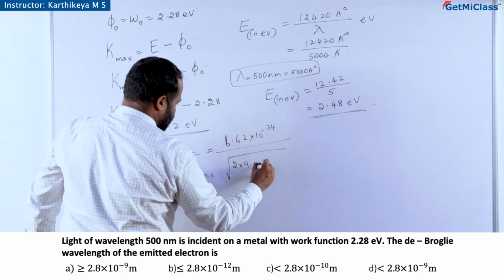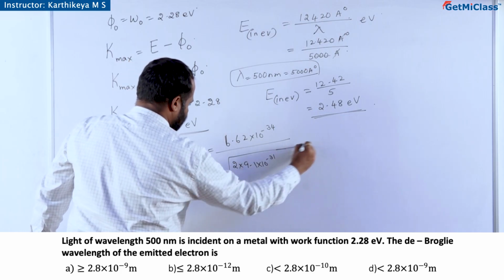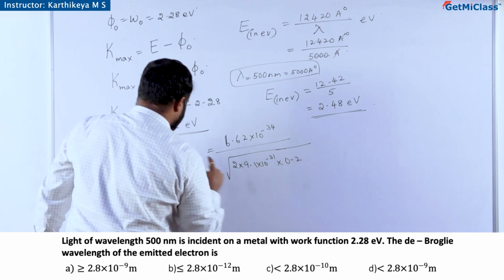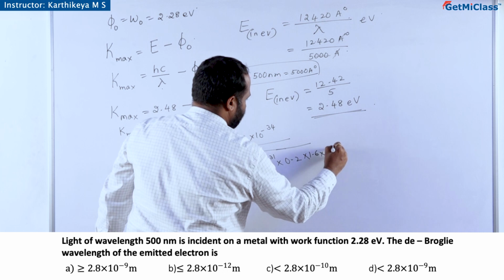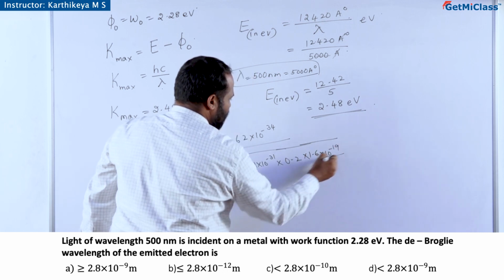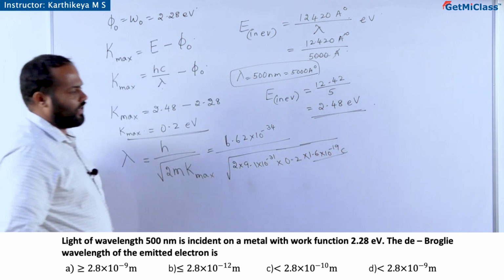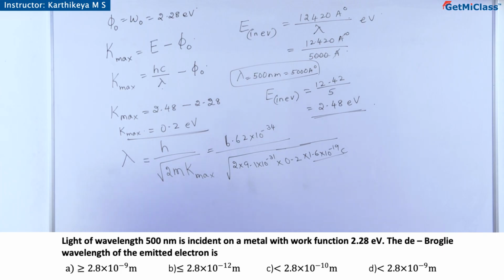So, 9.1 into 10 to the power minus 31 into 0.2 electron volt. That must be converted into joules. So, 0.2 into the electron charge, which is 1.6 into 10 to the power minus 19 coulomb.